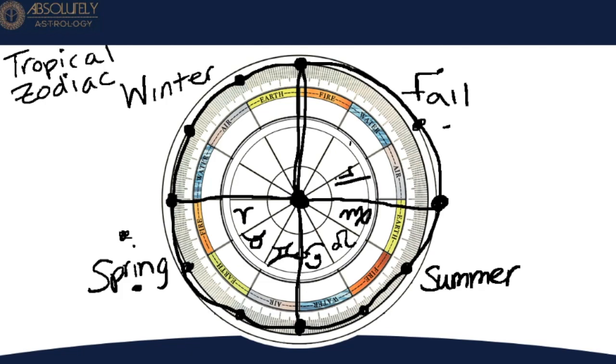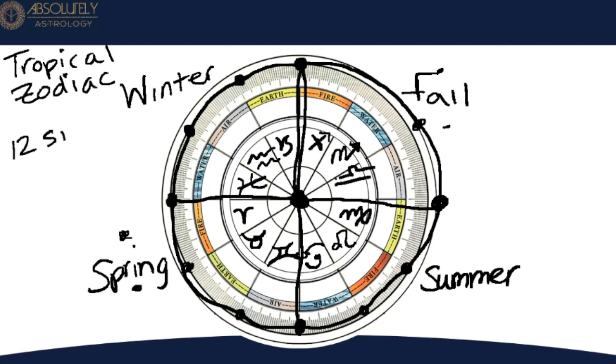Now we're moving into Libra, Scorpio, and Sagittarius. These are all deeply connected to fall. And then the remaining, we have Capricorn, Aquarius, and Pisces.